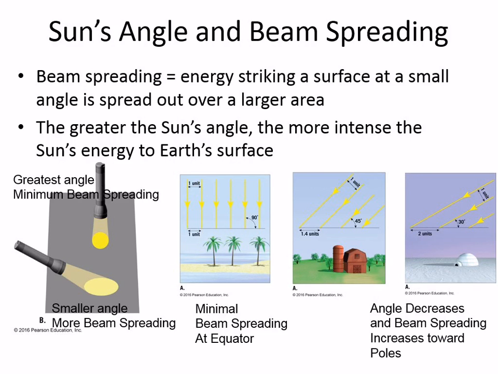So this was the tropics, this was us, and this is near the poles, where the angle is even less. With a smaller angle, that same beam of light that hit the equator and hit us here in the Midwest is now spreading 2 units as it hits the Earth's surface, instead of 1 or 1.4. That's called beam spreading.